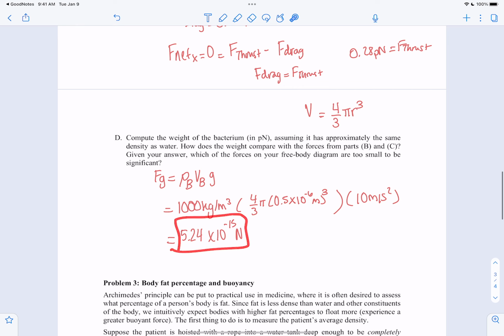These are equal to 5.24 times 10 to the negative 15. So, because these are a lot smaller than the horizontal forces, the vertical forces are too small to be significant.